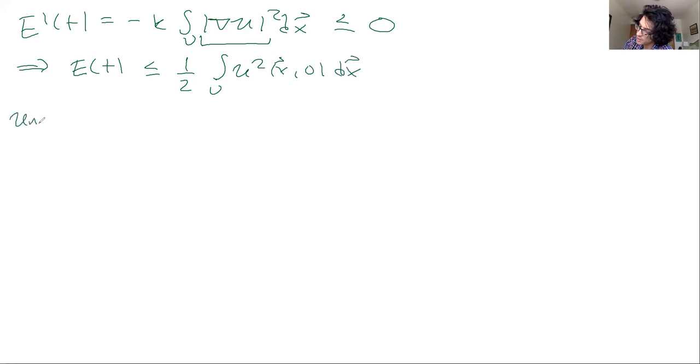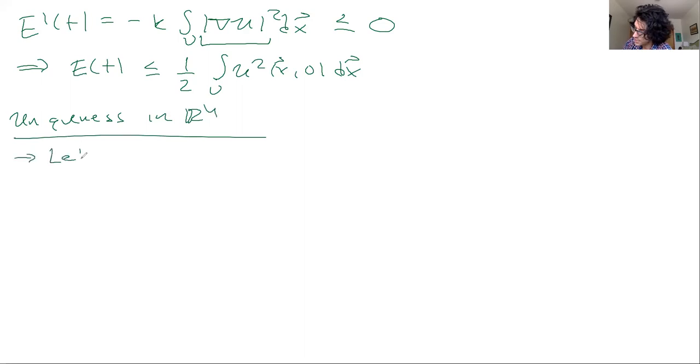So the uniqueness in R^n goes like this. We're going to let u1 and u2 solve our IBVP.